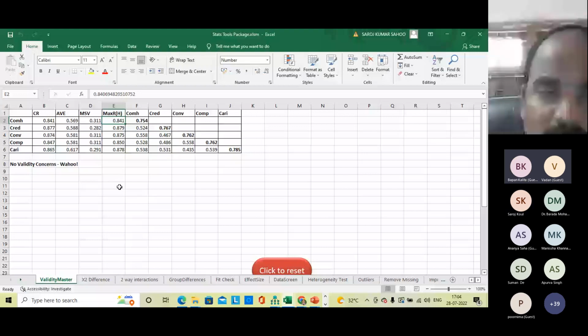Yes. This much scope is there that other indicators can explain the construct comprehension.